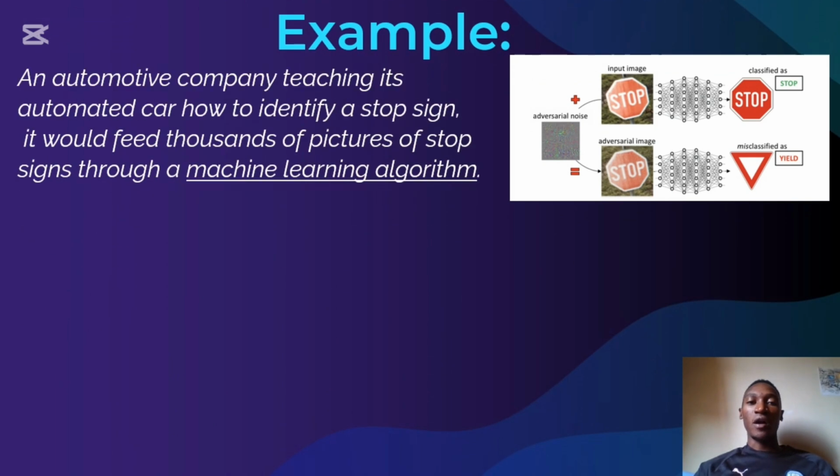An example here: we can have an automated car company which is teaching its automated car how to identify a stop sign. It would feed thousands of pictures into the machine learning algorithm, and then this car will be able to identify a stop sign when it comes across it.